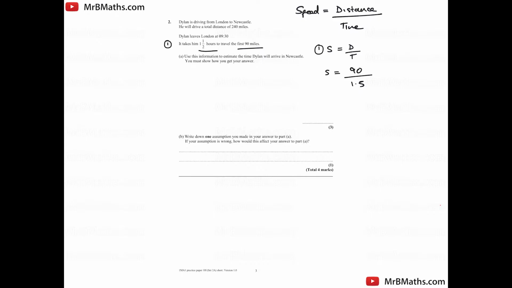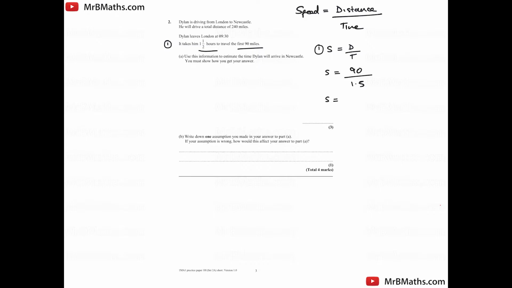Now you won't need to convert because we're looking for speed in miles per hour. You do not want to convert this into minutes, so you wouldn't want to do 90 over 90, so 90 minutes being an hour and a half, because that would give you a speed in miles per minute.